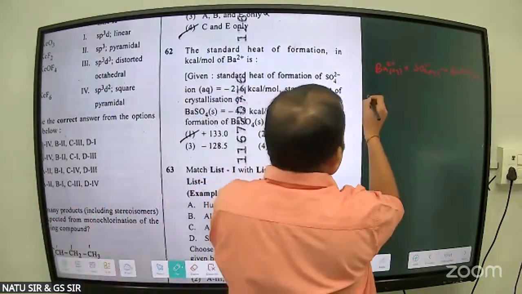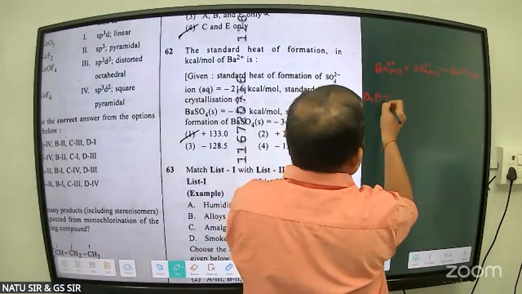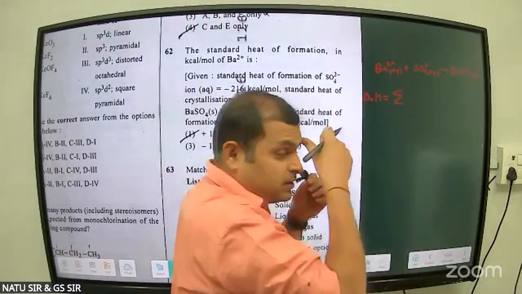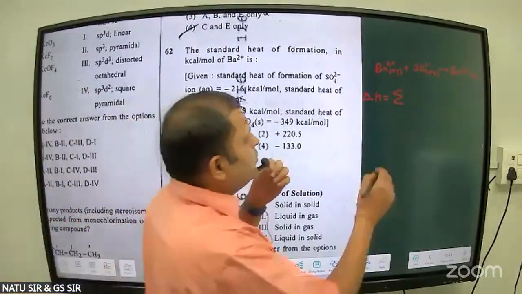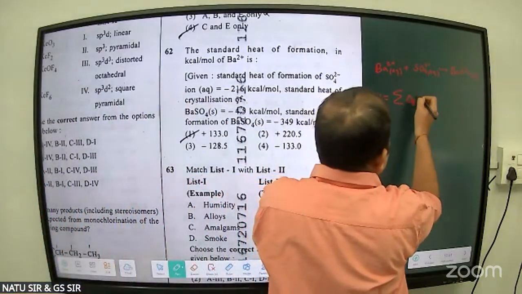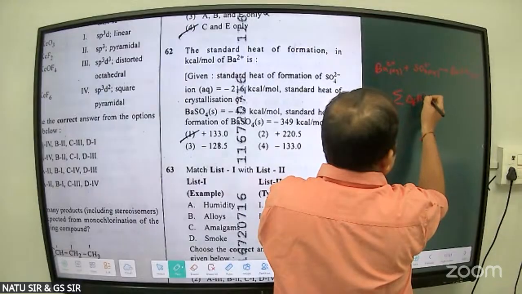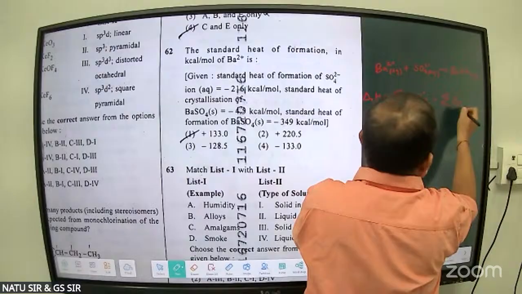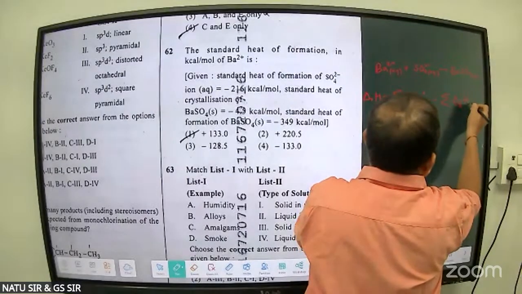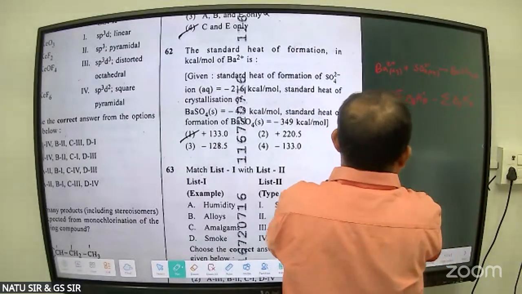So now, in order to write delta H of any reaction, if enthalpy of formation data is given, what is the formula? Summation of enthalpy of formation of products minus summation of enthalpy of formation of reactants, right?